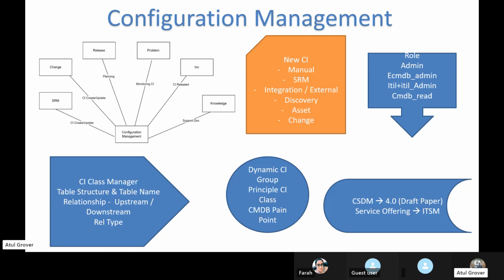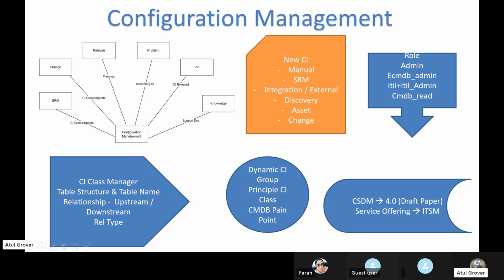The first one is configuration management and how service request and catalog management use configuration management. A user can raise a request to create or update a new CI. That is one part. So this means by this way they are interrelated.